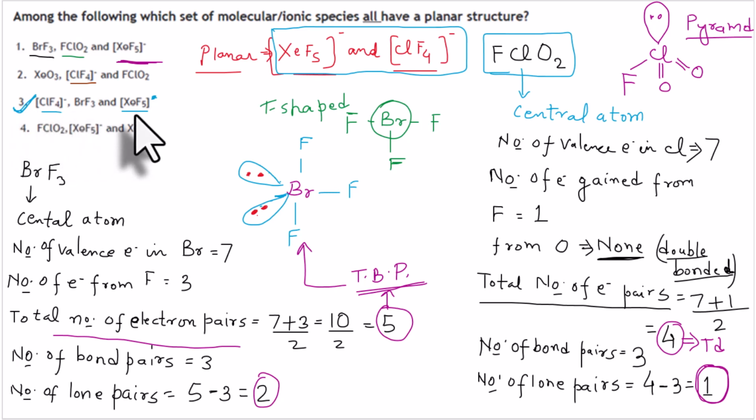Although the question contains some kind of error, because there is no option where all 3 species have the planar structure. So I hope this explanation and how the discrepancy of the question can be dealt with is clear to you, and hope it is helpful, and thank you so much.